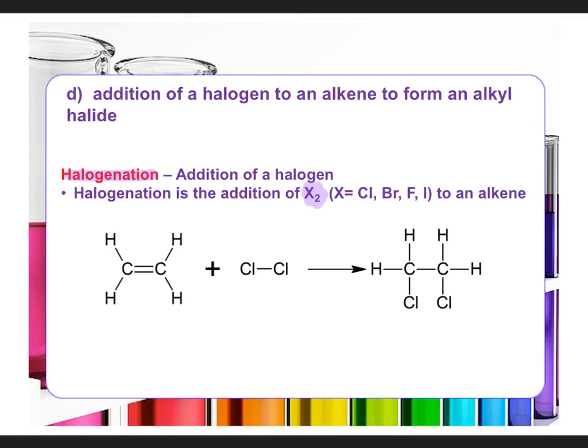Because the halogen has the same atoms, chlorine, chlorine, bromine, bromine, and so on, it doesn't matter how you draw this, because you're adding the same thing to both of the carbons in the double bond. So we're going to be adding this chlorine and that chlorine, although if you did it the other way around, it would still give you identical products.